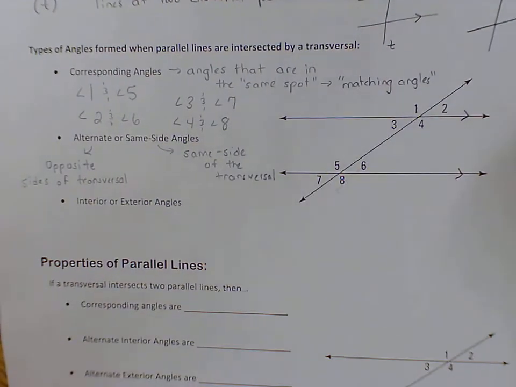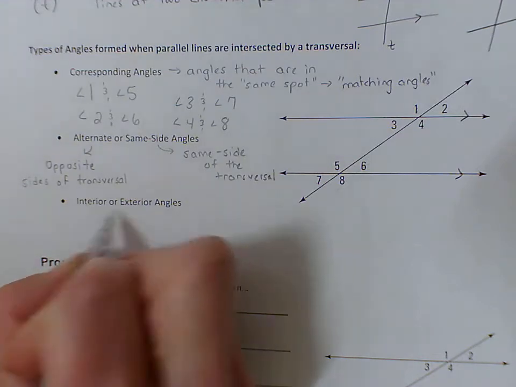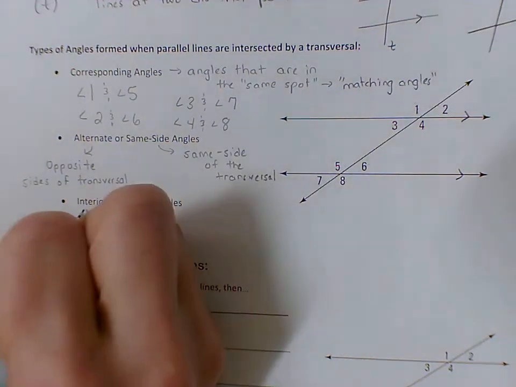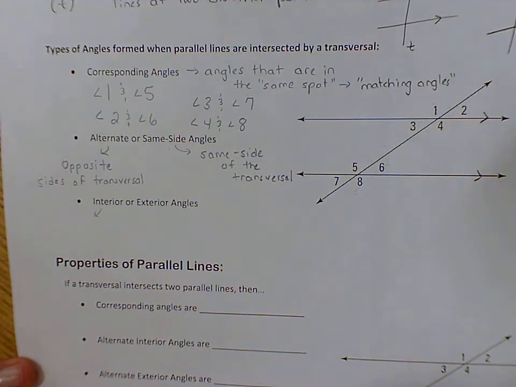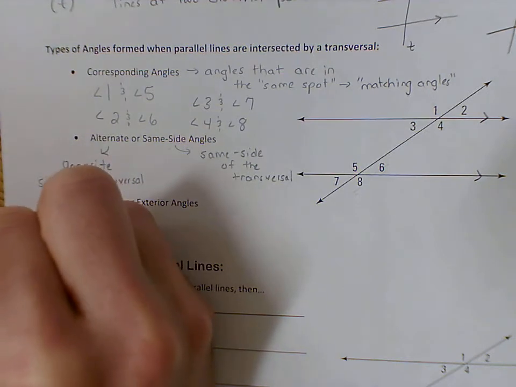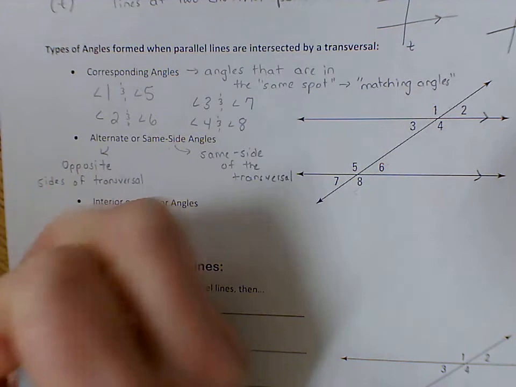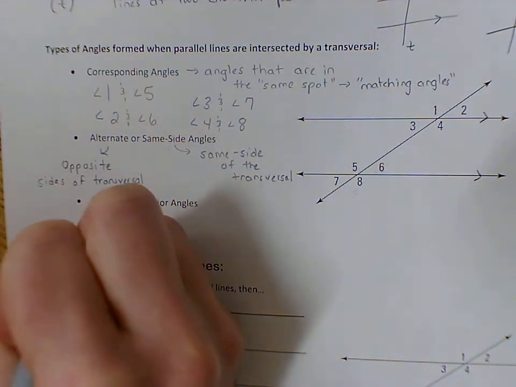Something else that you're going to hear are what are called interior and exterior angles. So interior and exterior actually deal with the parallel lines. To be interior angles, you're looking for the angles that are actually inside the parallel lines. I like to think of my parallel lines as a sandwich.